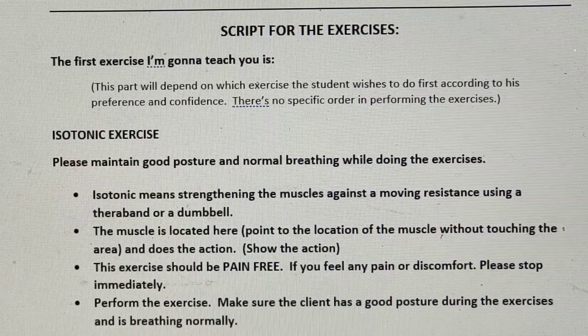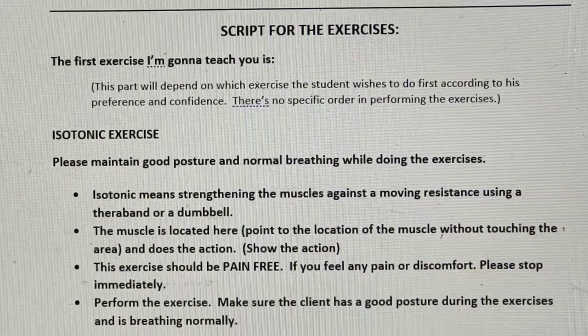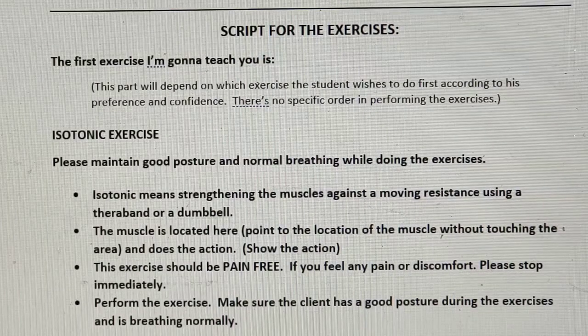Okay, so for example, if the muscle being asked in the scenario for an isotonic exercise is the deltoid muscle, then you're gonna say, the muscle is located here, which is the deltoid, and it does the action.